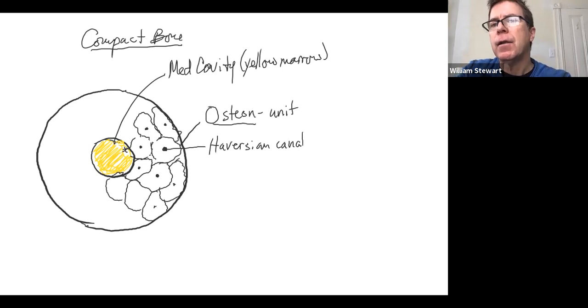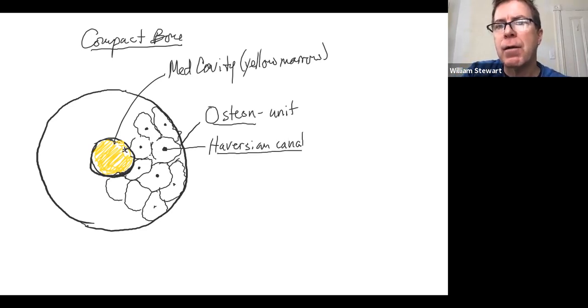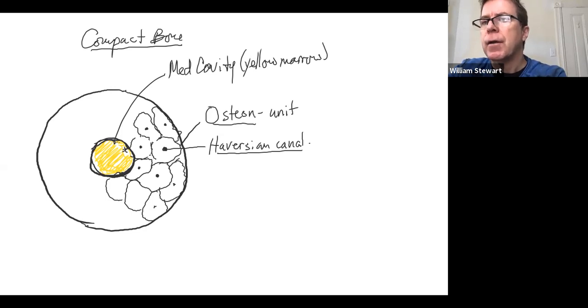That canal is way smaller than this medullary cavity, but it runs parallel to it. Rather than filled with marrow, that haversian canal has blood vessels in it and nerves.